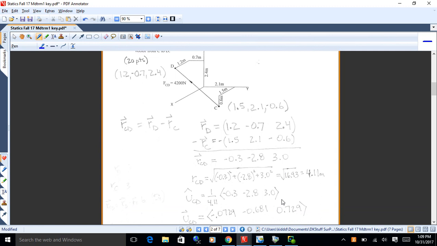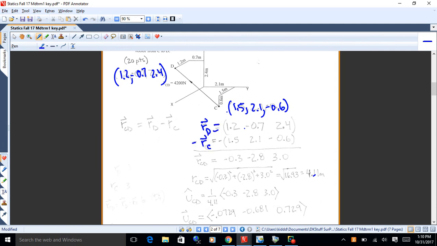Okay, the next page there, what you've got for this first vector, or actually vector C, is 1.5, that's the x, 2.1 is the y, and negative 0.6 is the z. And then what you got up here for D is 1.2, negative 0.7, and 2.4. And so what you do then when you want that vector is you subtract them.